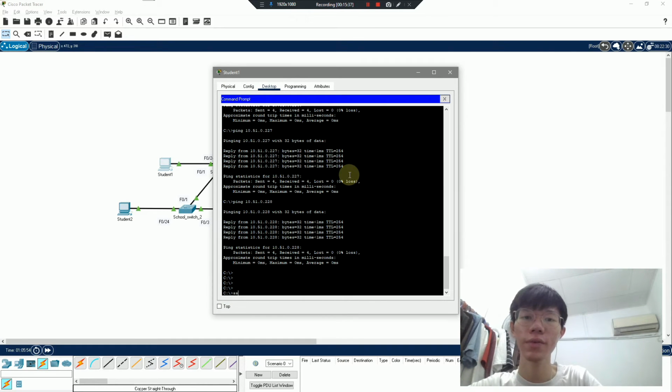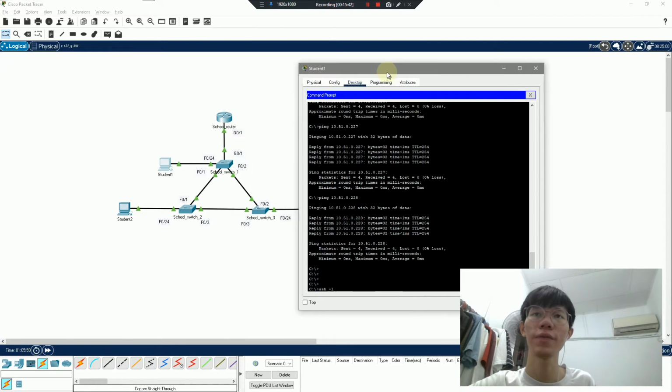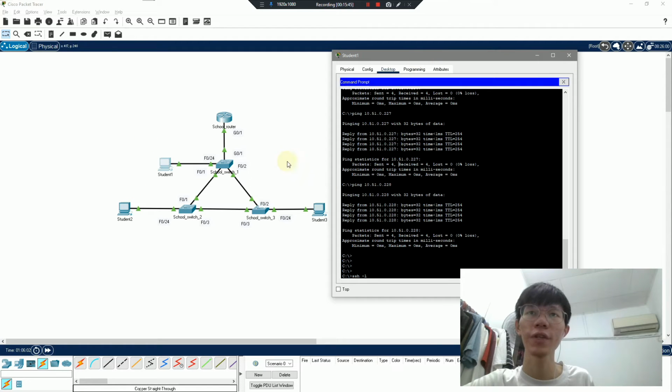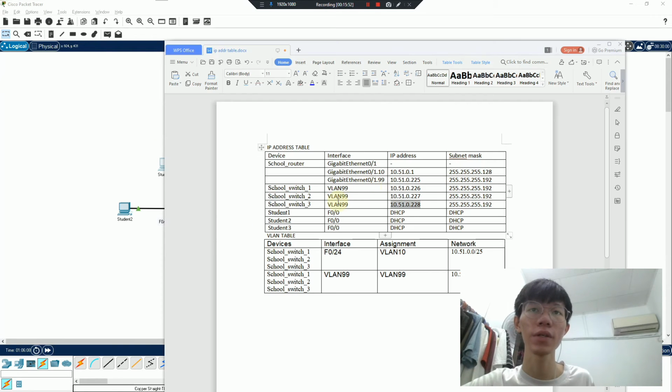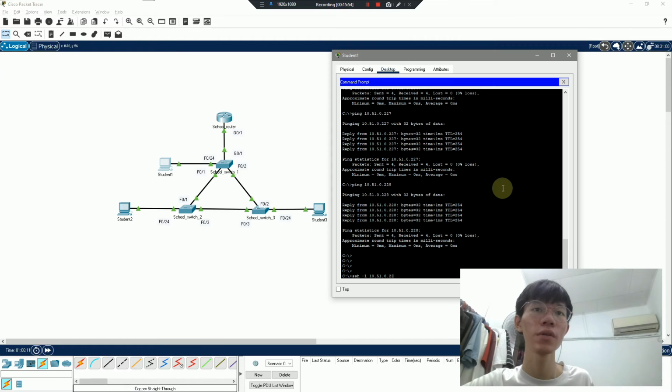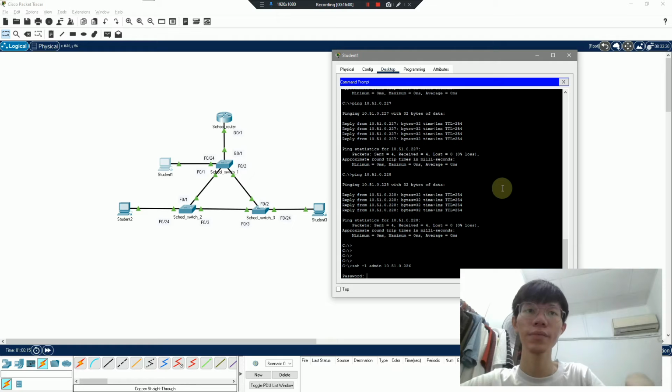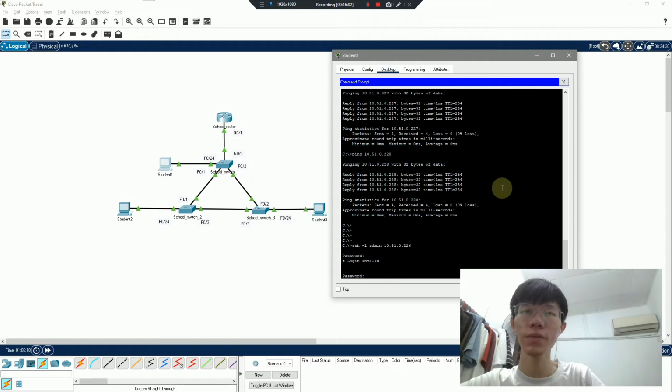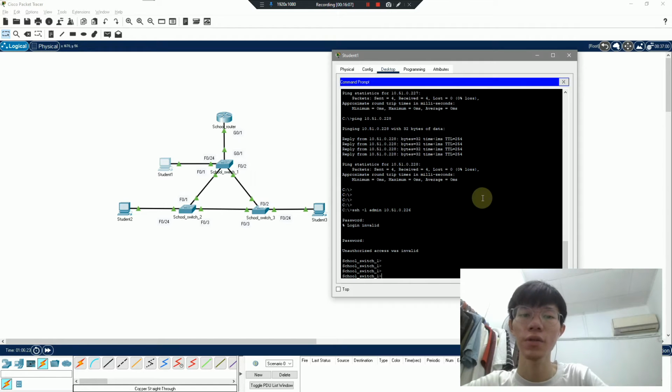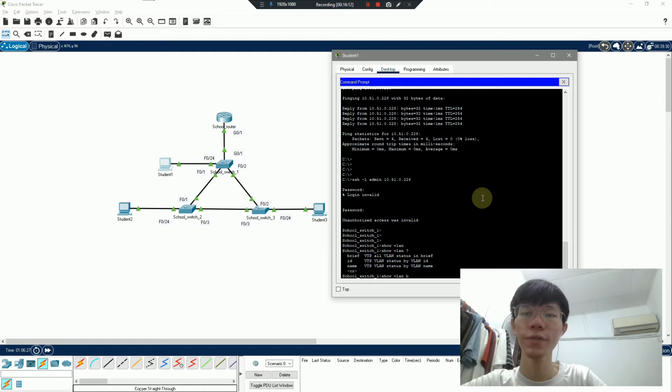So next I will show the VLAN configuration for the switch. First we go to the switch 1, 226, admin, and the password. So using the command show VLAN brief.